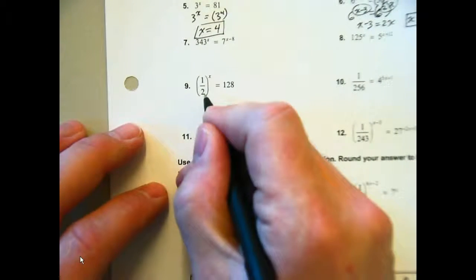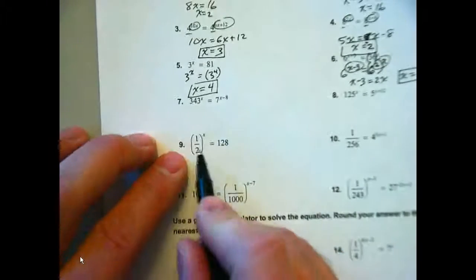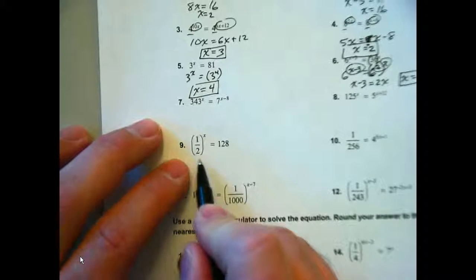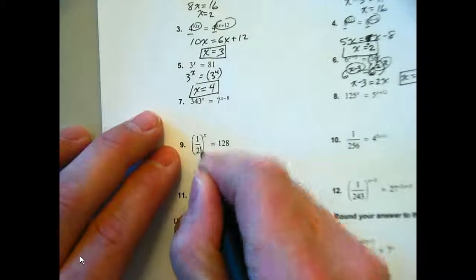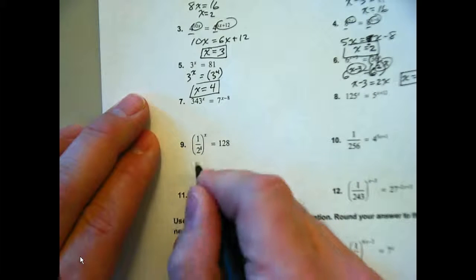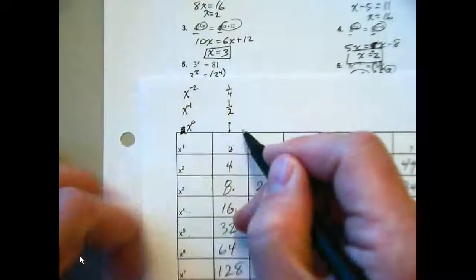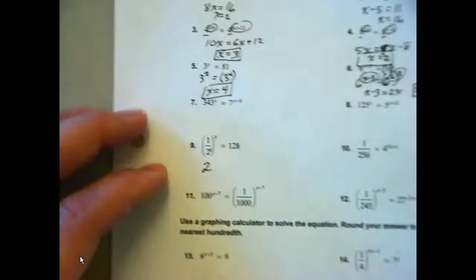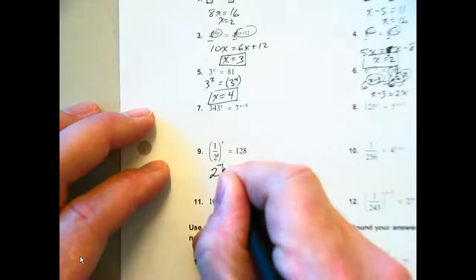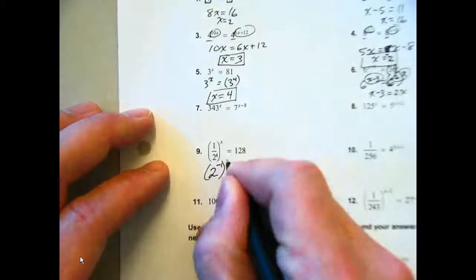Okay? So when I'm looking at this problem right here, I know 1/2 is the same as 1/2 to the first, which is 2 to what power? -1. Okay, so we write this as 2 to the negative first, all raised to the power of x.